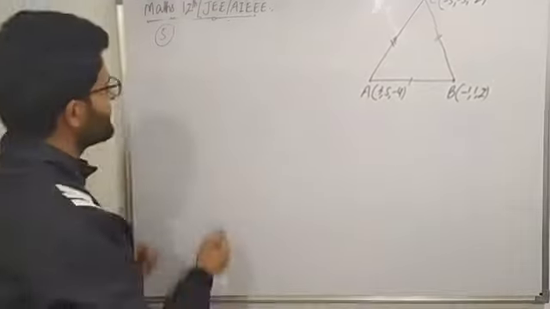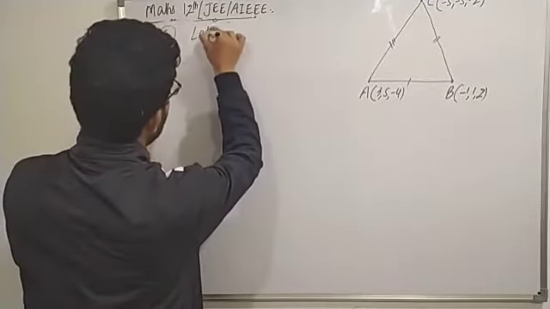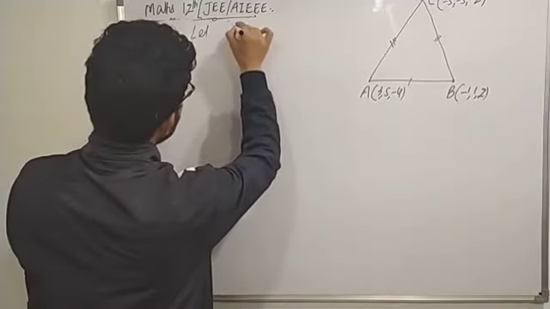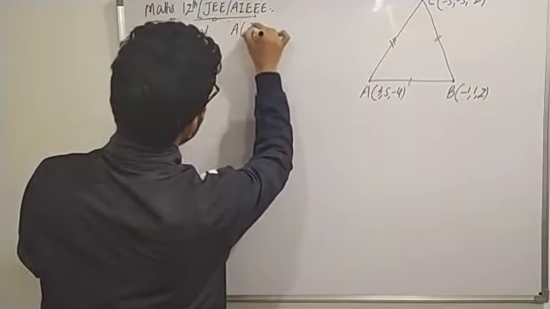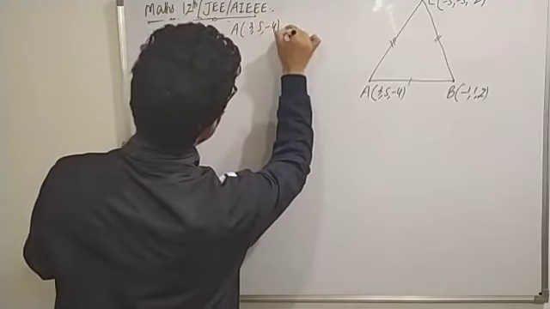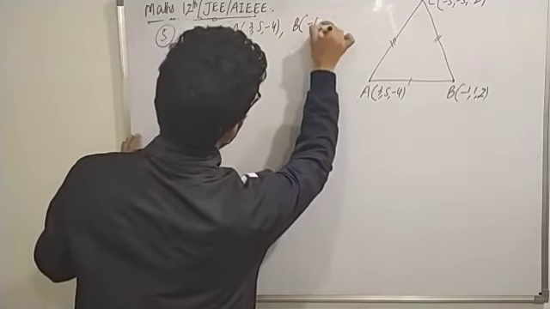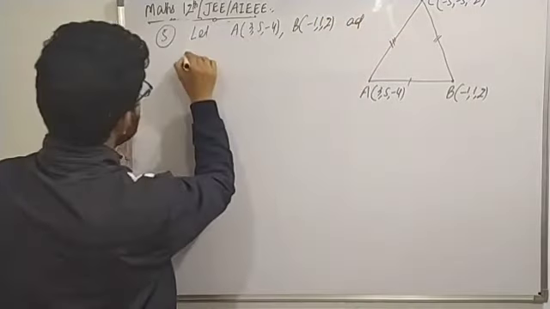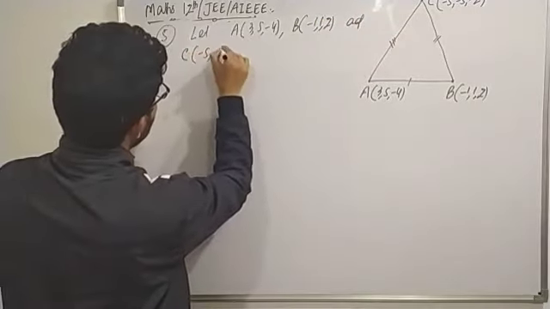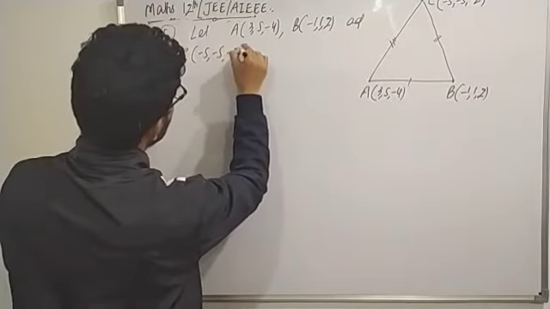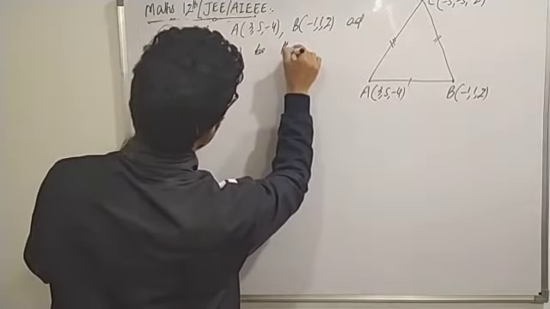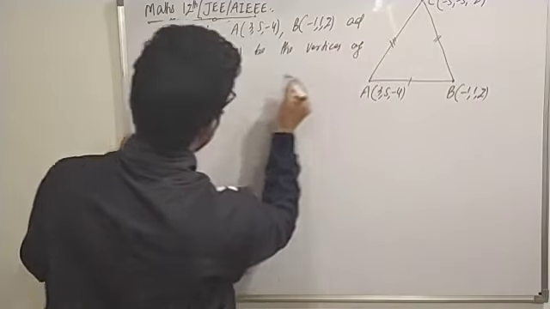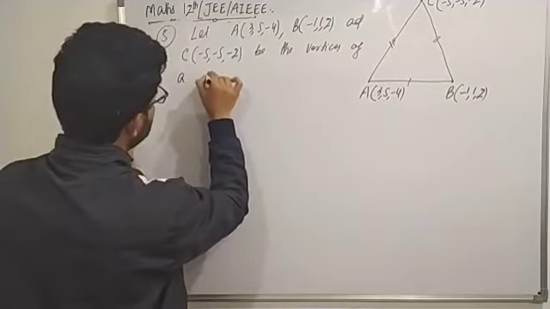So here we will mention, since the triangle was not named there, let A of 3, 5, -4, B of -1, 1, 2 and C of -5, -5, -2 be the vertices of a triangle ABC.